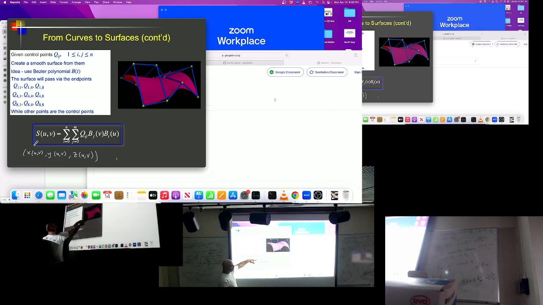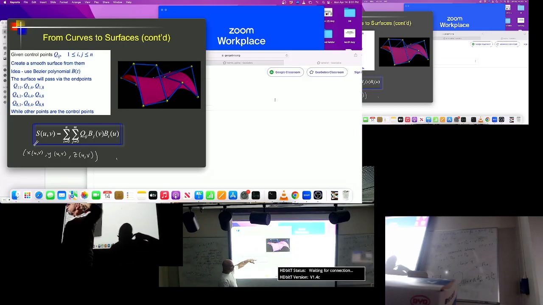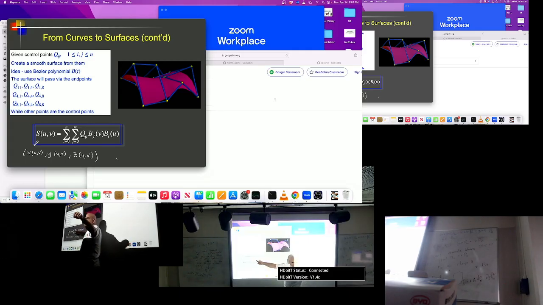Some of them I insist to be on the surface itself. Some of my control points need to be on the surface itself. That's where you are the designer. You decide to put one of these points.